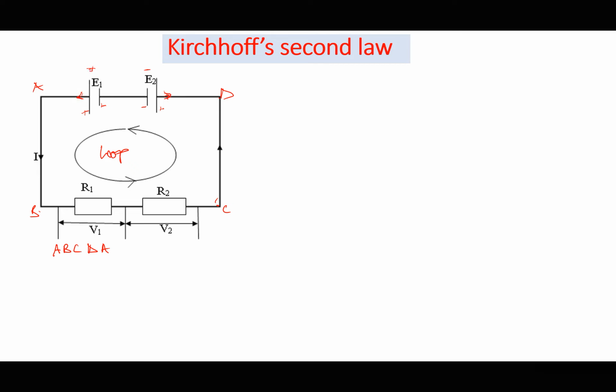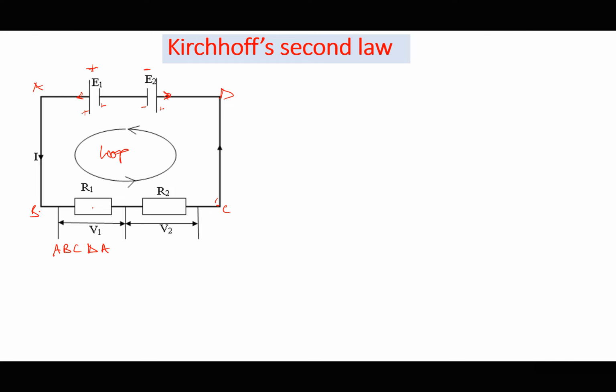If the current from that particular cell flows in the same direction as the loop, the EMF is positive. If it is in the opposite direction to the loop, the EMF is negative. So E1 is positive and E2 will be negative. I have to sum them up, so I will say E1 plus negative E2, or negative E2 plus E1.